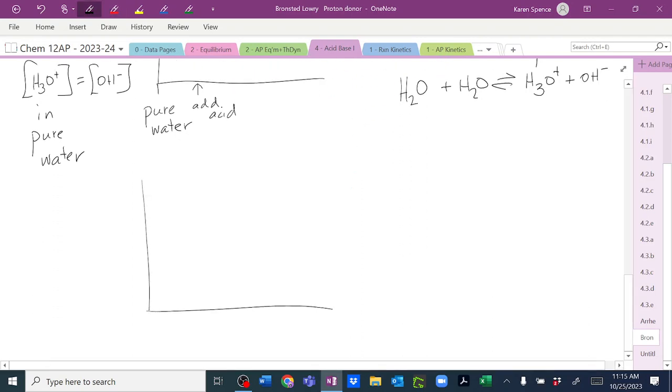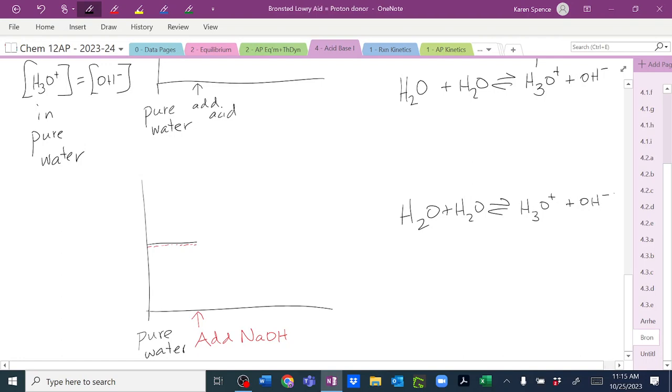Pure water. We are now going to add a base. We're going to add some NaOH. What happens?